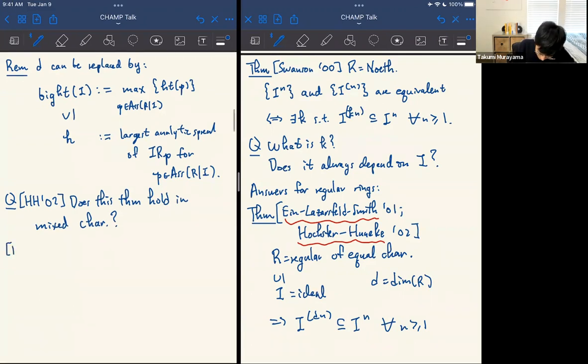And as a result of recent developments in perfectoid geometry, Schwede proved that yes, this is true, under some assumptions. So they can prove this is true for radical ideals in excellent regular rings.